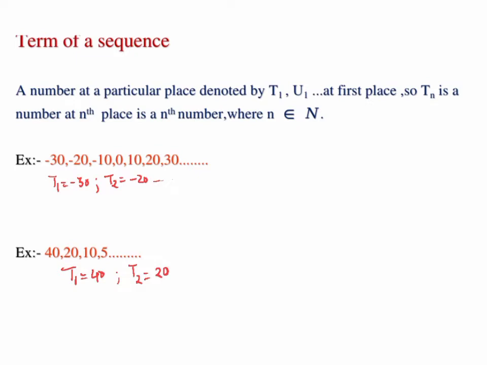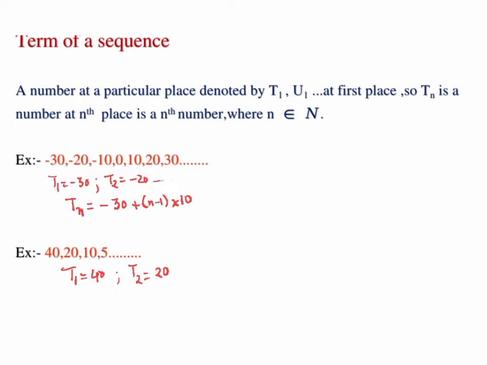so let us now see tn for both the sequences. Here what will be tn? Tn is nothing but minus 30 plus n minus 1 into 10. If you apply this formula, for the first number nothing is added. For the second number, if you put n equals to 2, you will get the next and so on.